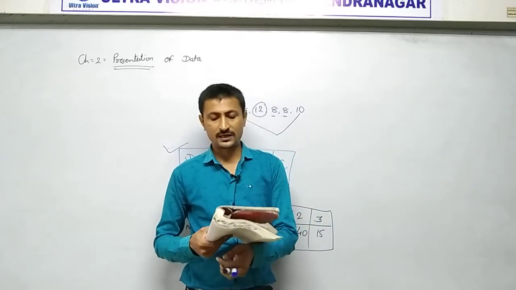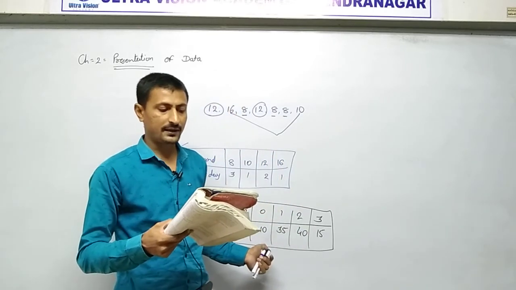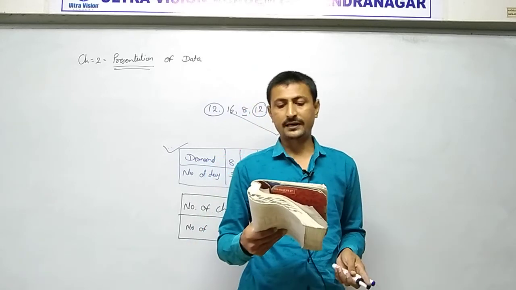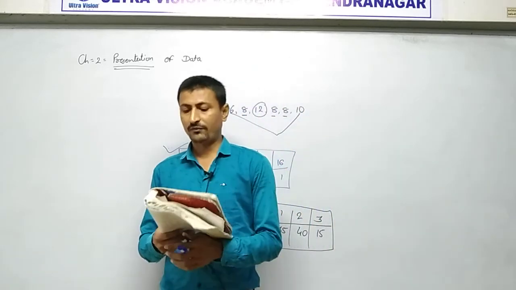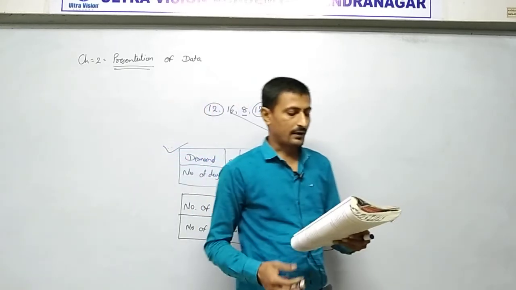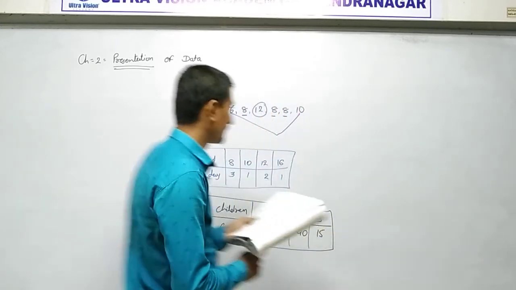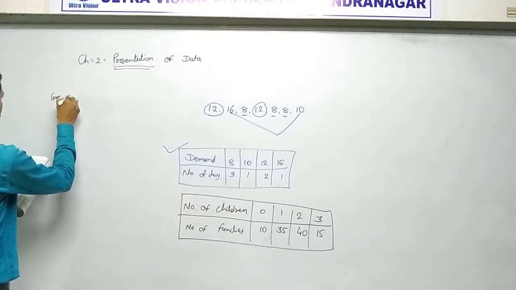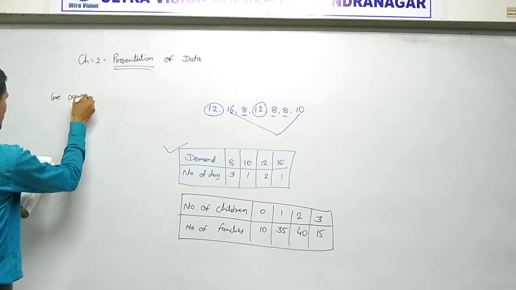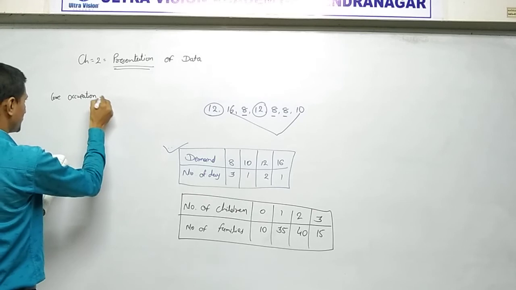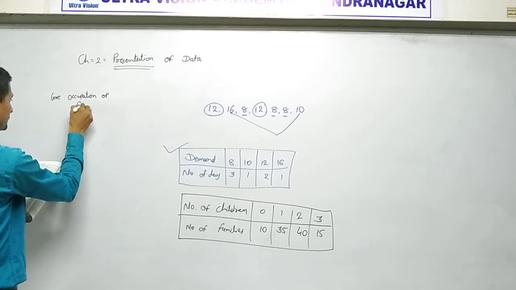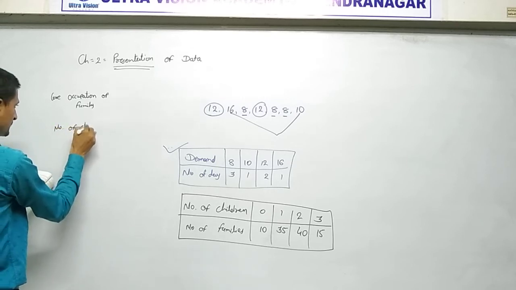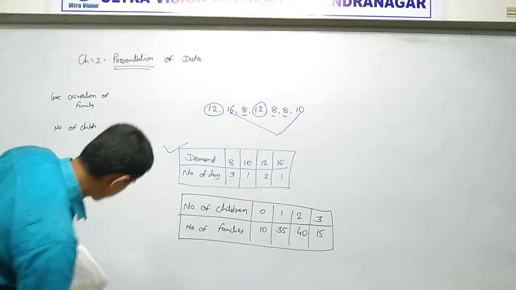In the above example, instead of the number of children per family, suppose information regarding the core occupation of the family is collected, and on that basis it is concluded that the core occupation of 30 families is farming. Core occupation of family and number of families as the second variable.